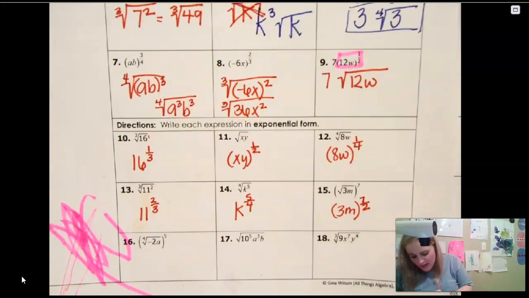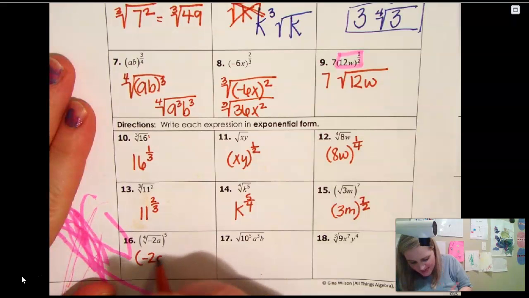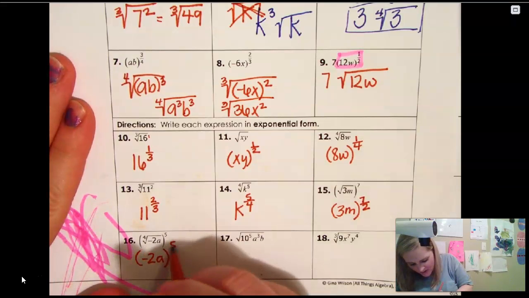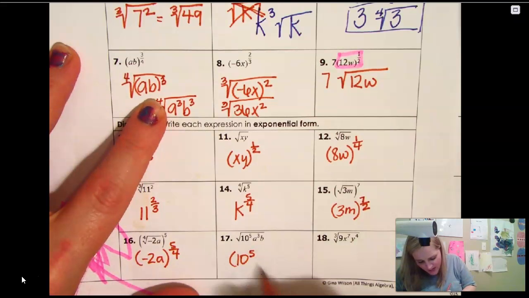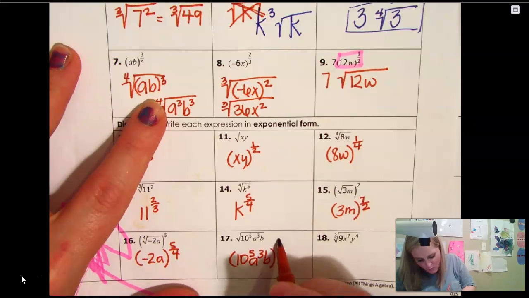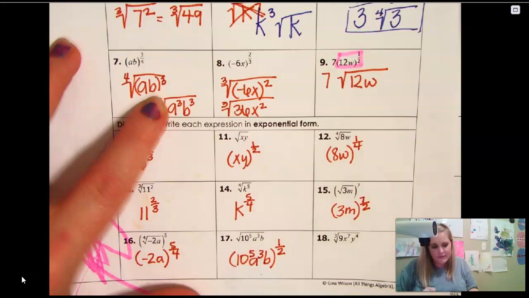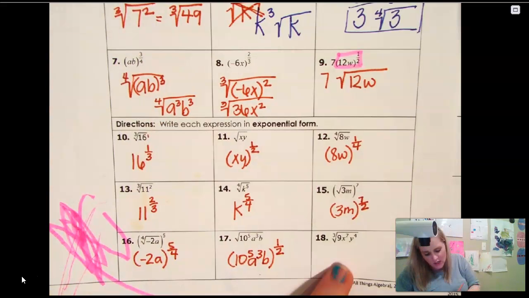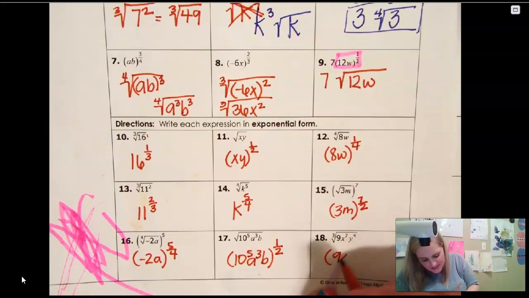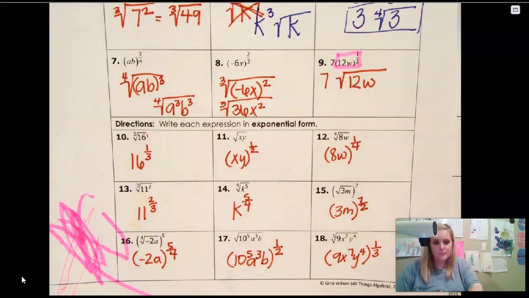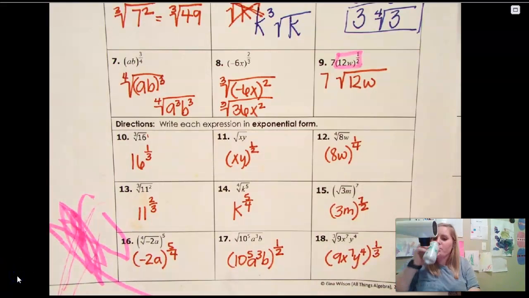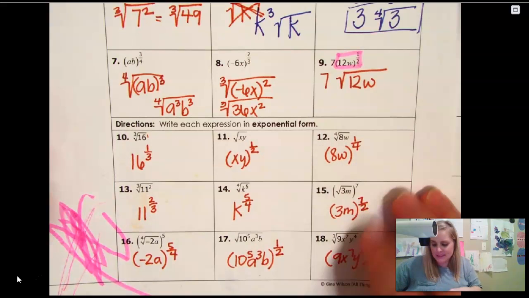Okay, for this one, I've got negative 2a in parentheses to the 5/4. This one, 10 to the 5th power, a to the 3rd power, b, and I'm raising that to the 1/2. Okay, over here, I've got 9, x to the 7th, y to the 4th in parentheses, and I'm raising that to the 1/3. Okay, that's the first page.